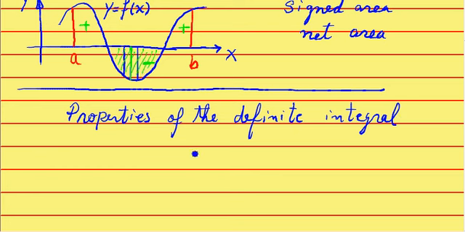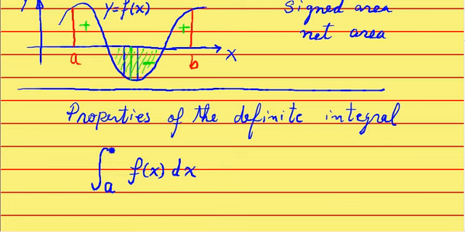Property number 1. Suppose somebody writes an integral sign. You're supposed to start at some place A and end at some other place B, and apply it to a function f of x dx.